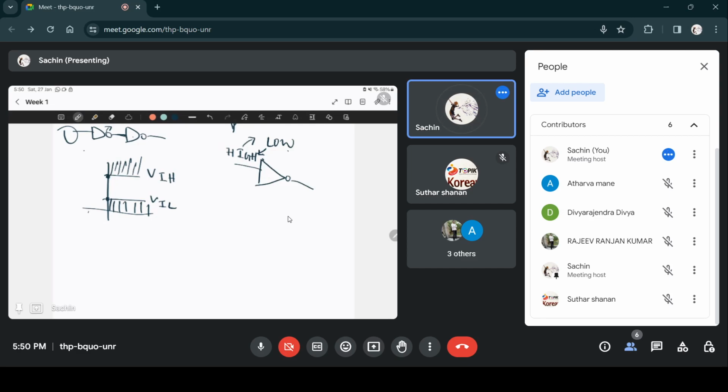So to get this transition, what is the minimum amount of voltage difference you need to apply? That is called the transition width. So let's say you are at the very edge here. Suppose this is 4 volts and this is 1 volt. So you are giving a high input which is at the very edge, 4 volts. Now you want to change your input to voltage low.